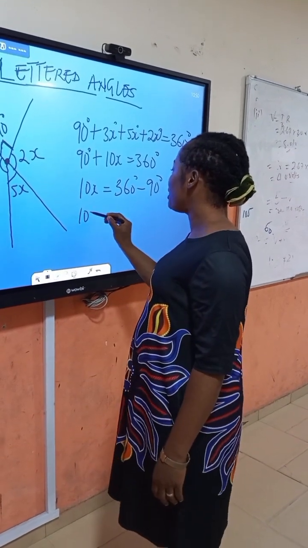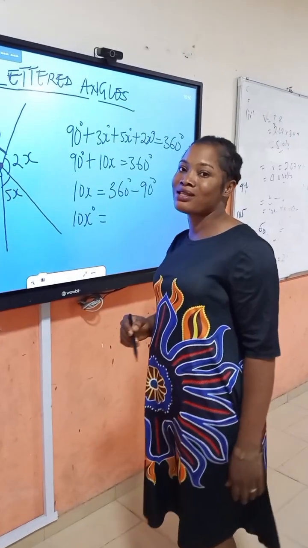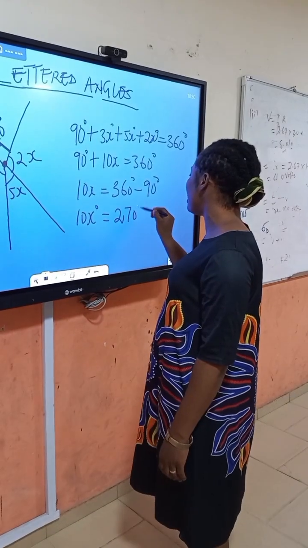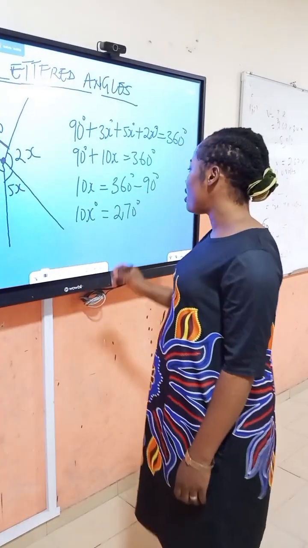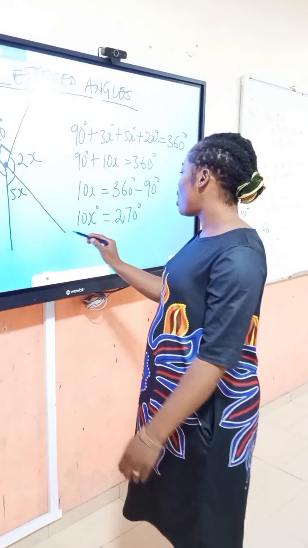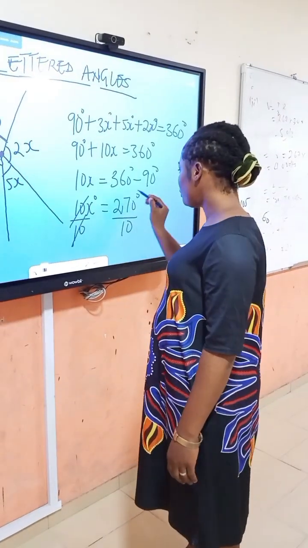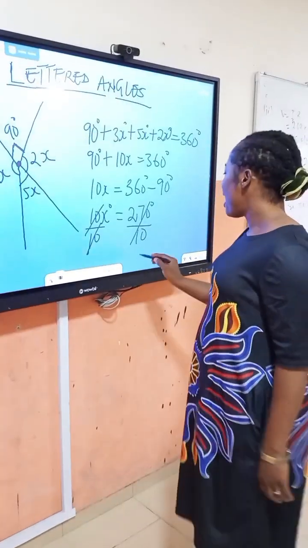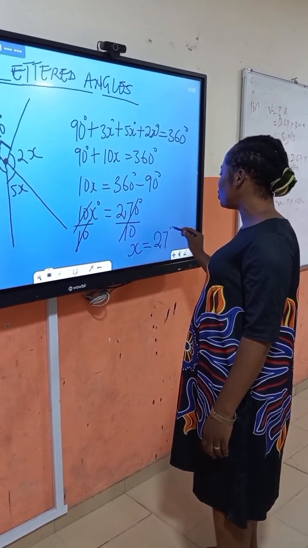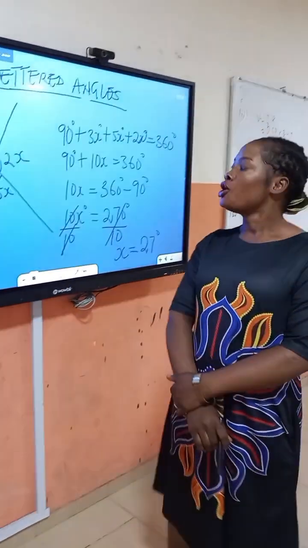So 10x is equal to 360 minus 90, which is 270 degrees. Now we divide both sides by 10, and that will give me x equal to 27 degrees.